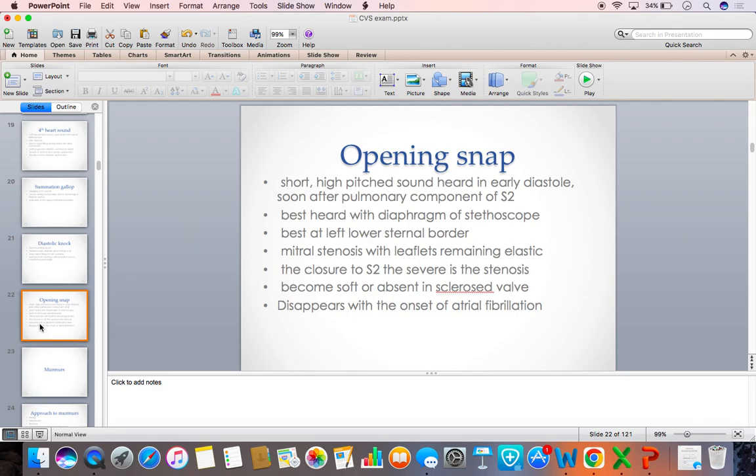The other diastolic sound is the opening snap. This is a short, high-pitched sound heard early in the diastole, soon after the second heart sound. Best heard with the diaphragm of the stethoscope, best at the left lower sternal border.